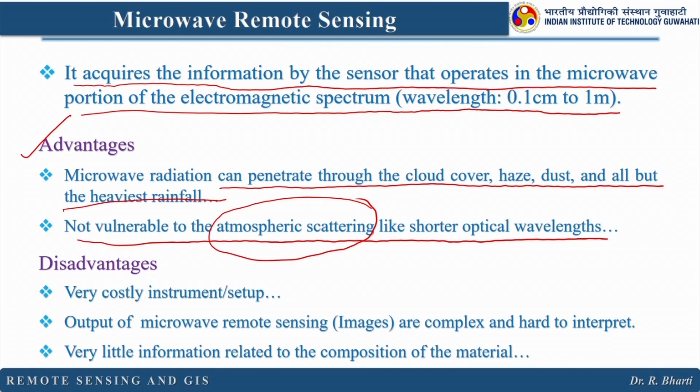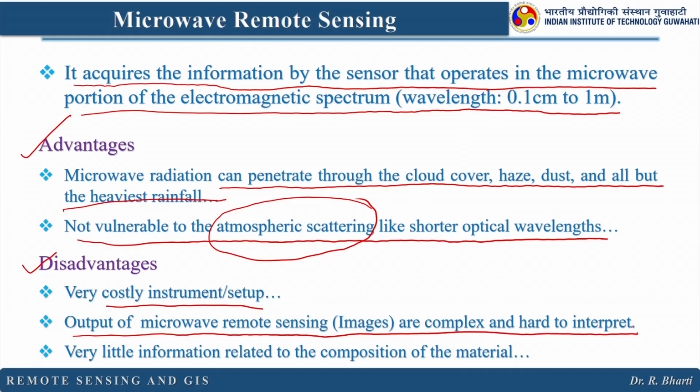But the disadvantages are that it is very costly, and the output of microwave remote sensing is complex and hard to interpret. So it is not as easy as your optical data. In optical data you have only one DN number, but here it will be in complex form, A plus iB. So let us see one by one.